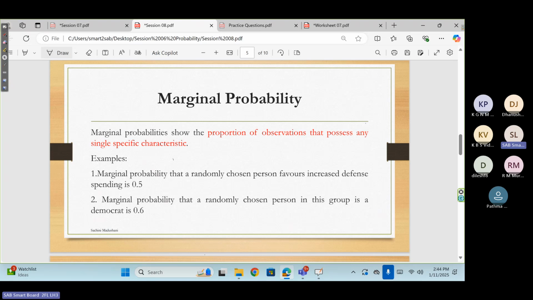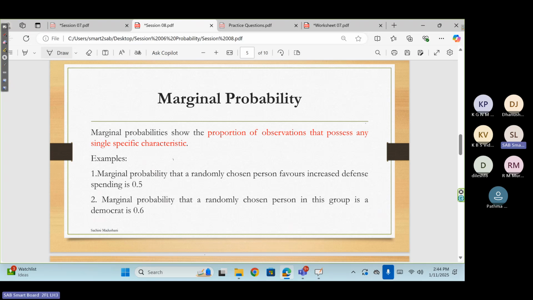Then here, finding the probability value of a single specific characteristic. Marginal probability that a randomly chosen person favors increased defense spending. The statement discusses only their attitude.